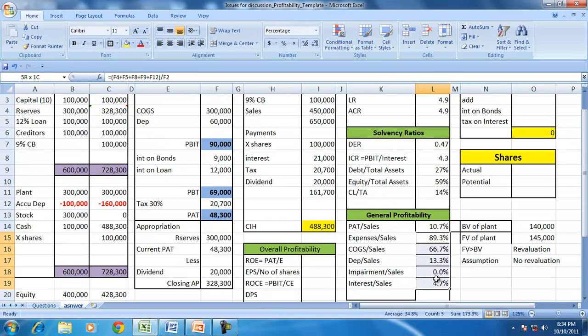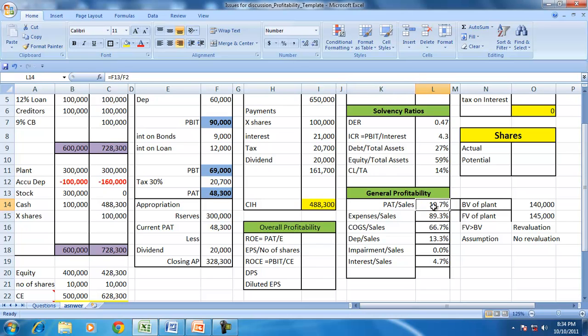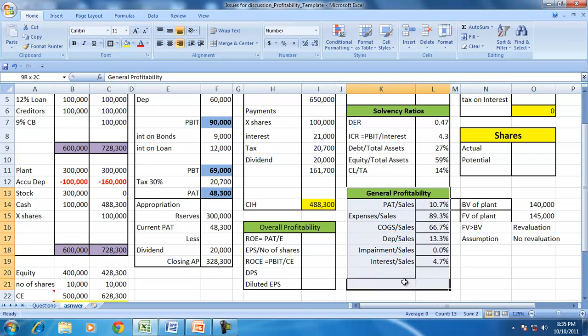So if you want to increase PAT by sales, we have to manage the expenses, and expenses here are COGS, depreciation and interest. This shows the income statement items, which is also called the general profitability.